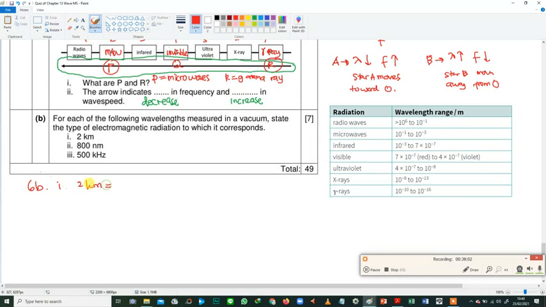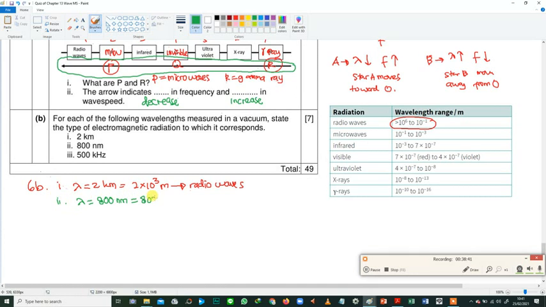Sorry, I will start from the wavelength. This is wavelength 2 kilometer. Converted into meter, it's 2 times 10 to the power of 3 meter. So 10 to the power of 3 is in here, radio wave. So you can say it's radio waves. How about the second one? For the second one, the lambda is 800 nanometer.